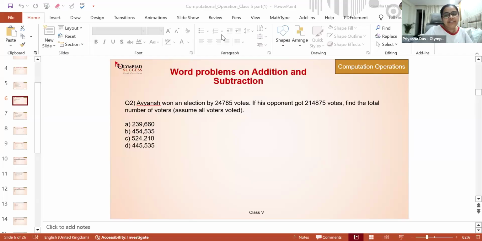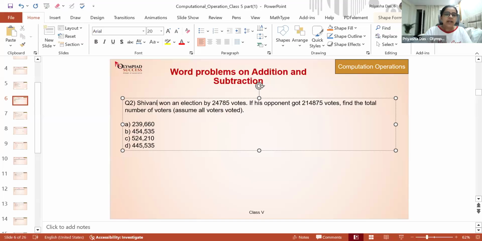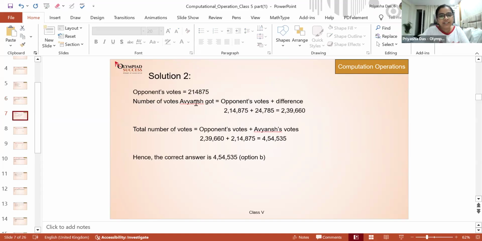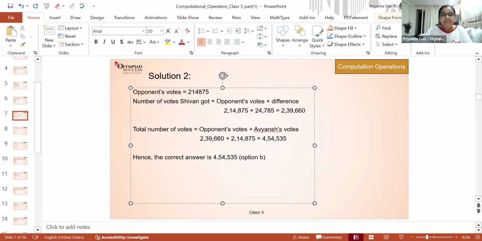Yes, Shivani was the second one. So, Shivani, that's a reward for you. Okay, next time we'll have this question for the other batch. They will know who is Shivani.